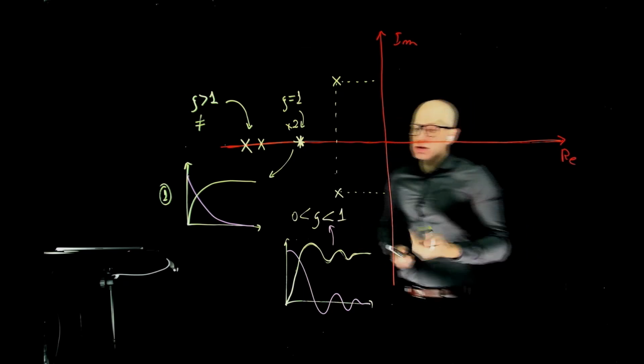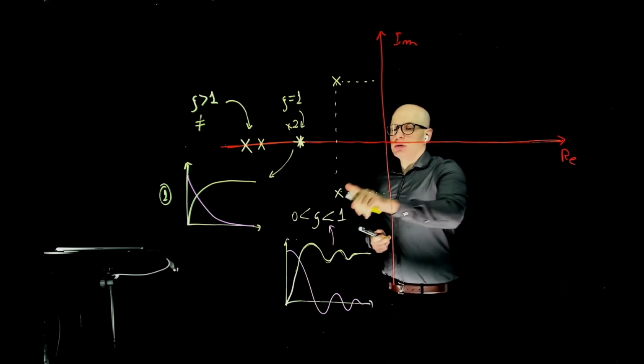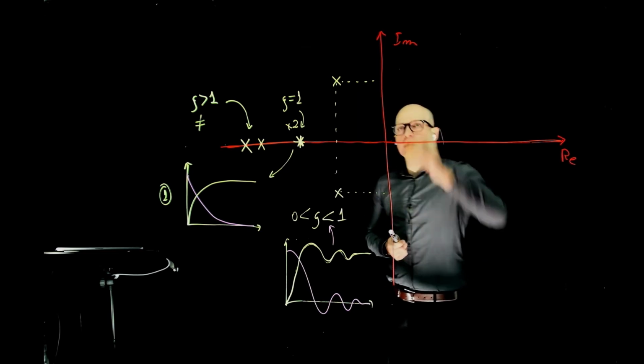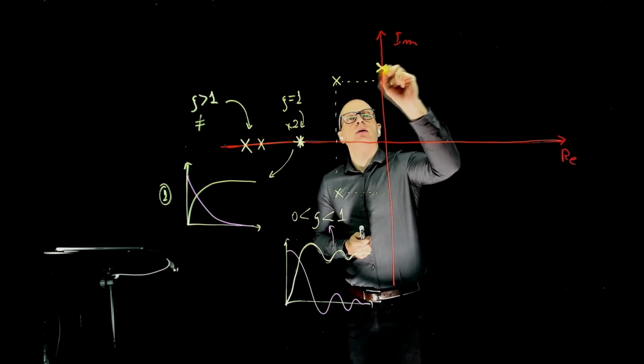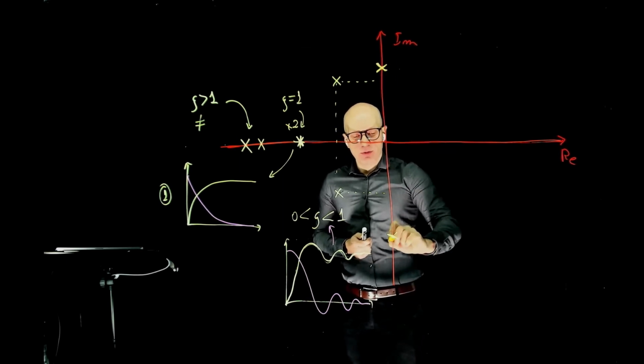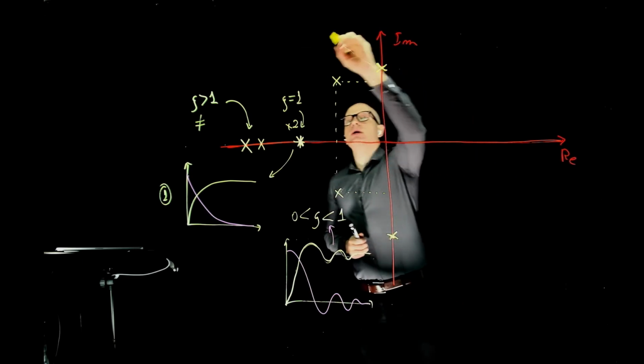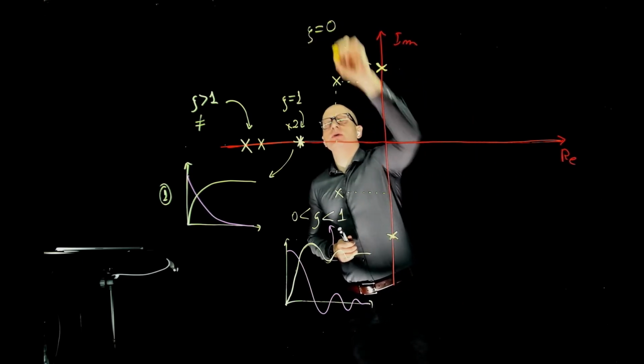As we keep decreasing the damping ratio more and more, the real part is tending to 0, and eventually we'll reach a point where we have two complex conjugate poles here and here. This will occur when zeta equals 0.